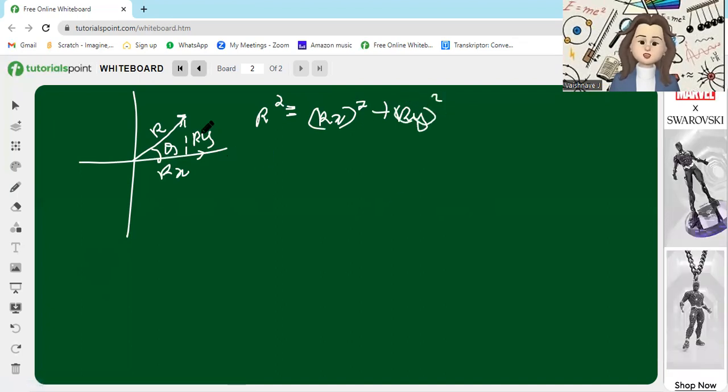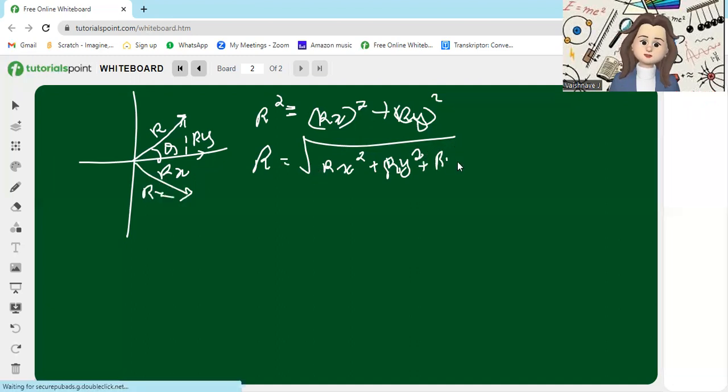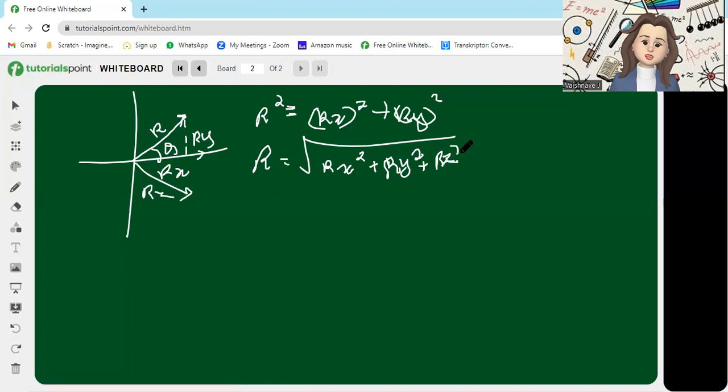But if you want to find the magnitude or length of R, then the square goes to the other side and becomes a root. So the formula of magnitude is root of Rx square plus Ry square. Clear? If you have 3D, if we have an Rz also, then you have plus Rz square. Once again, plus Rz square.